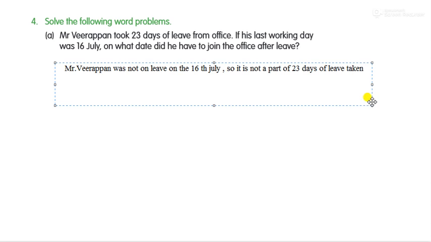On 16th July he was working, so he is not on leave, so it is not part of the 23 days of leave. So thus we count 23 days from 17th July.